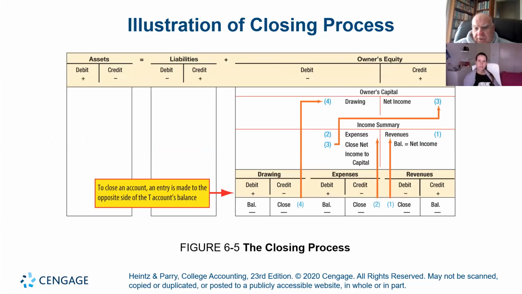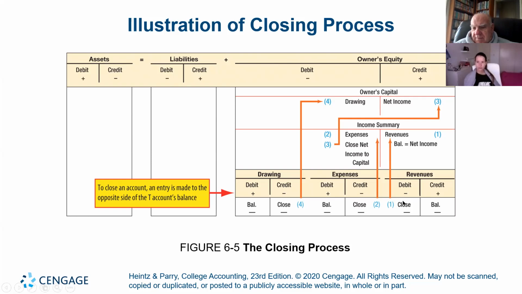So here is what we're talking about. Here are the revenues. They have a credit balance, right? We closed those revenues, those sales are closed with a debit. And what do we credit? We credit income summary.